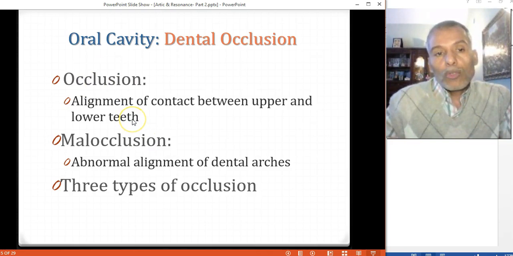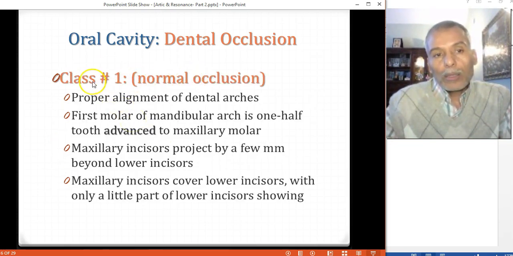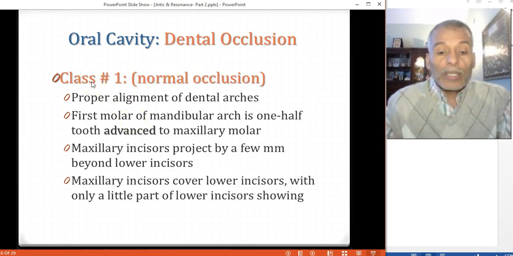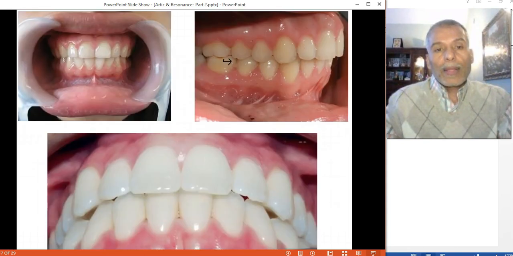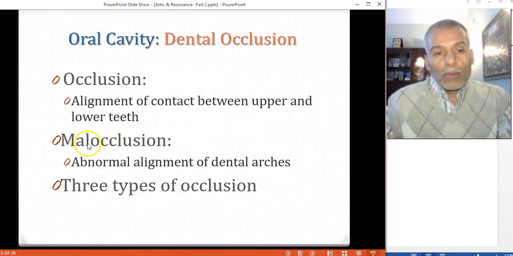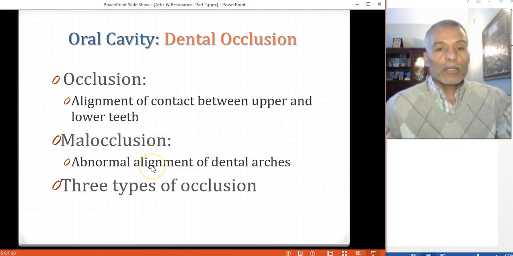So normal occlusion is called class 1 occlusion. That means normal occlusion. And then we have malocclusion, two forms, two kinds of malocclusion, and we're going to discuss them in just a minute.